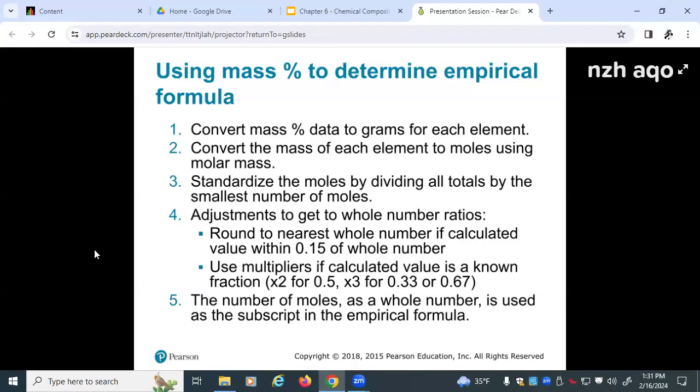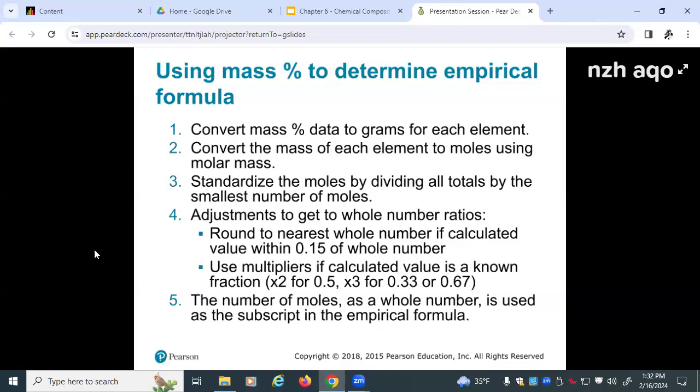So our first step always is to get our stuff into grams. So if we have experimental data, it's probably already in grams. If we have mass percent data, all we do is change the unit from percent to grams. So if I'm told that I have 33% carbon, my first thought is just to turn that 33% into 33 grams, and then I can move on. I do that for every single element in the sample.